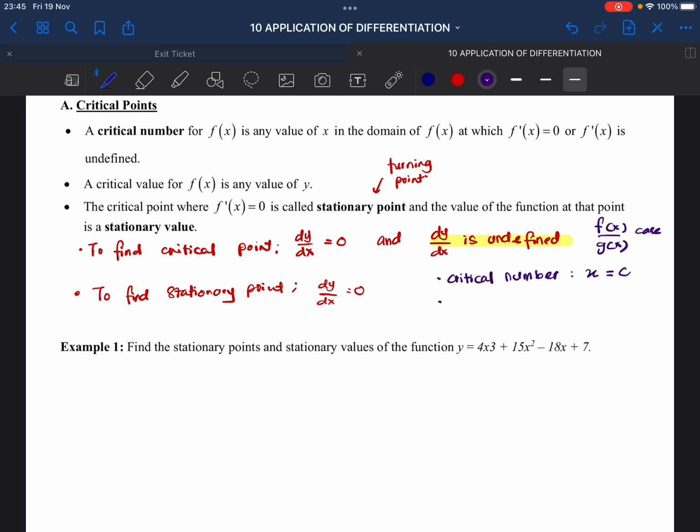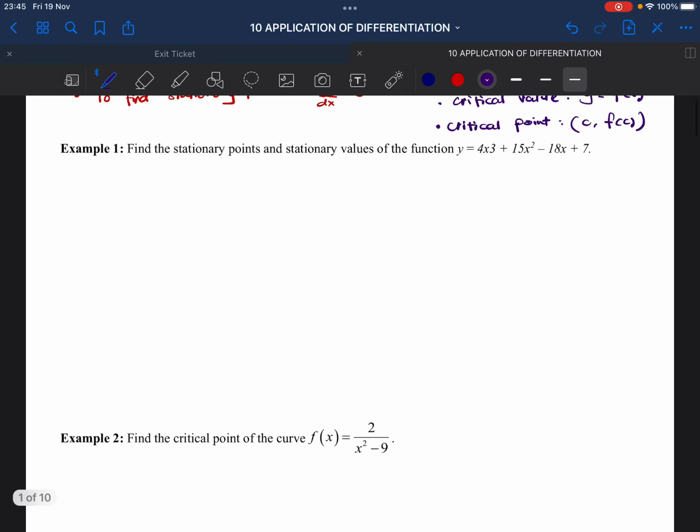Then we have a critical value, which is basically the value of y, where you substitute your value of x. Your critical point is basically just a point, x and y, so we have c and our y. That is the difference between critical number, critical value and critical point.